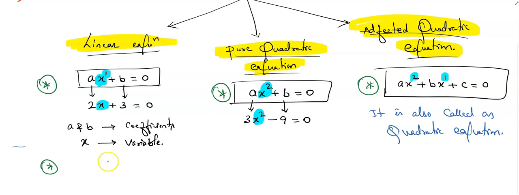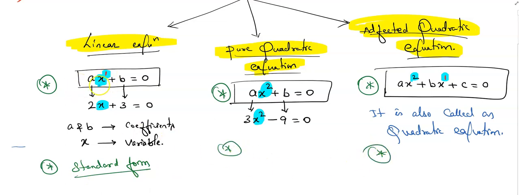Okay, now next point, make a note, heading: standard form, in all the cases. The standard form of linear equation is ax plus b is equals to 0. The standard form of pure quadratic equation is ax square plus b is equals to 0. The standard form of affected quadratic equation is ax square plus bx plus c is equals to 0.